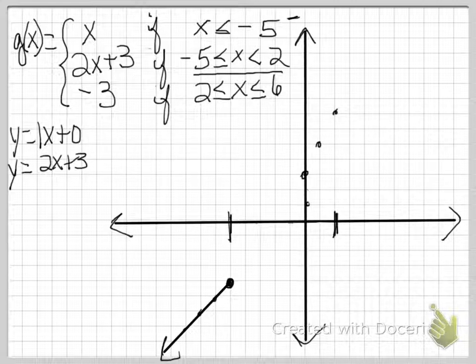So right here at 2, it's going to be an open circle because 2 is not included. And then I'm going to go down to the right 1, down to the right 1, down to the right 1.